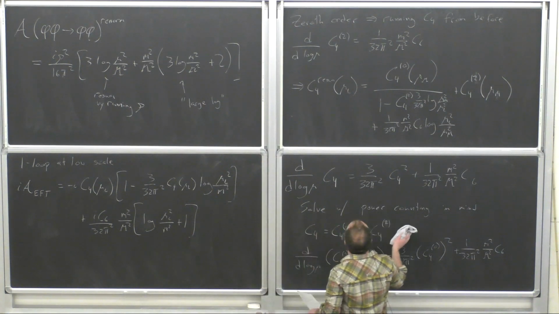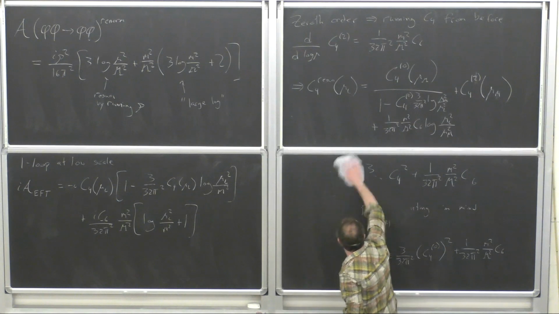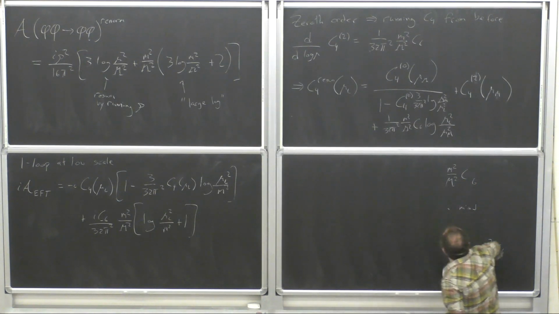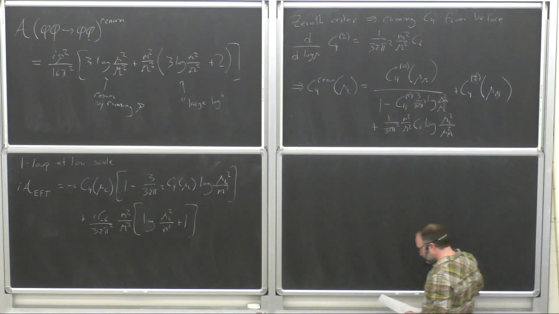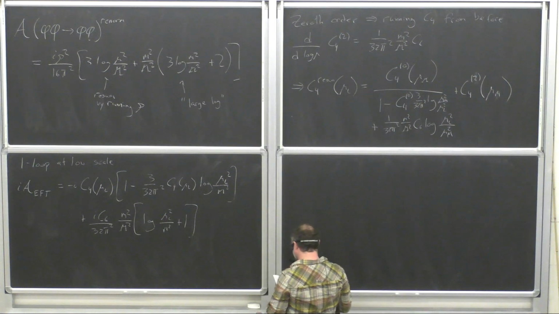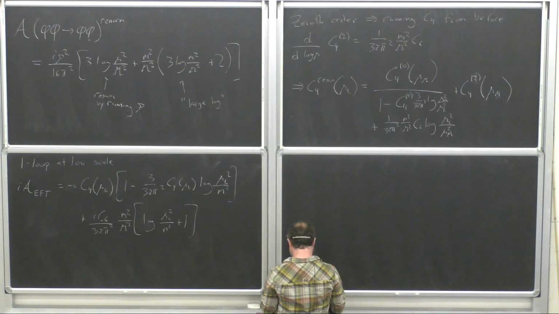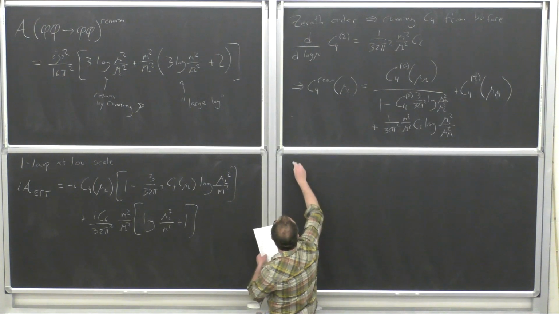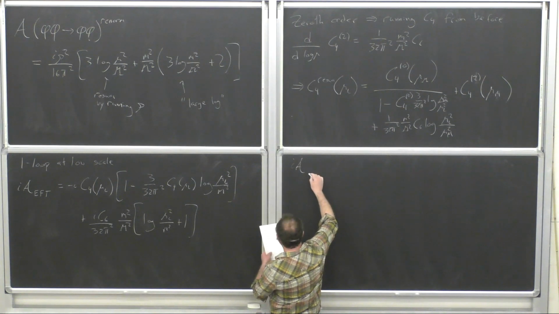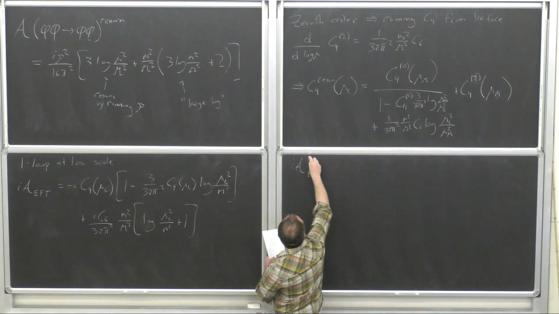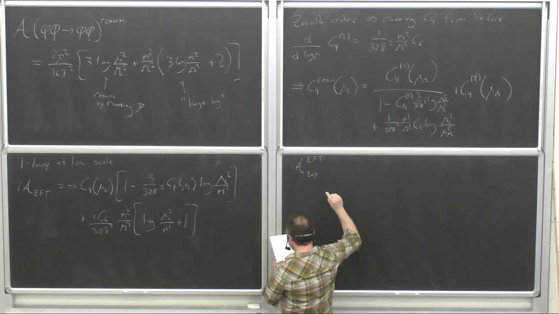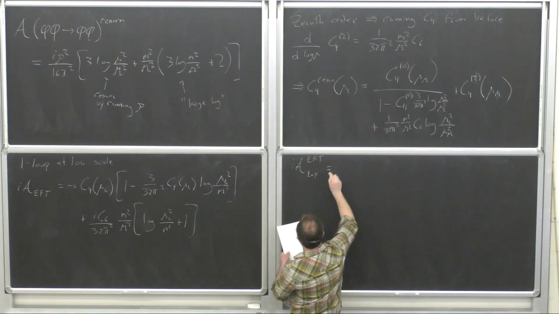I think there's a typo on the board, unfortunately. So now I can put this all together, okay? And I have i times the amplitude, the expanded EFT. And this looks like the following.